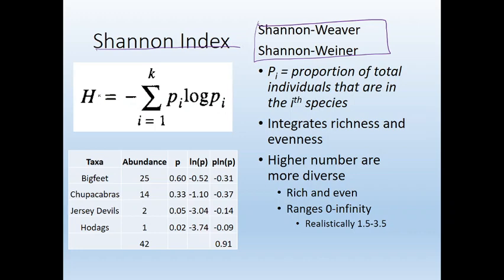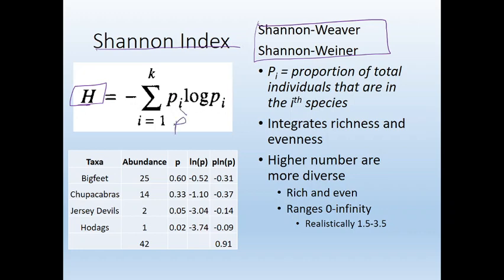equation over here, the Shannon index is just defined as H. Why it's H, I'm not sure. Doesn't matter. What we're doing is summing up from 1 to K, K being essentially the species richness here, where we take the p_i, which is the proportion.